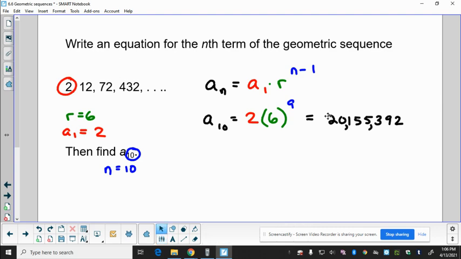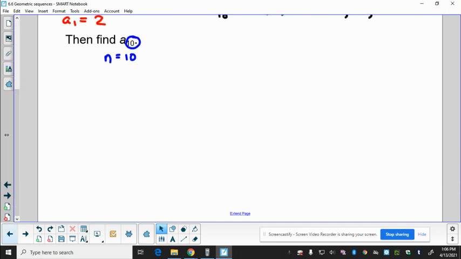So if this sequence continued out, multiplying by 6 out to the 10th term, it would be 20,155,392.